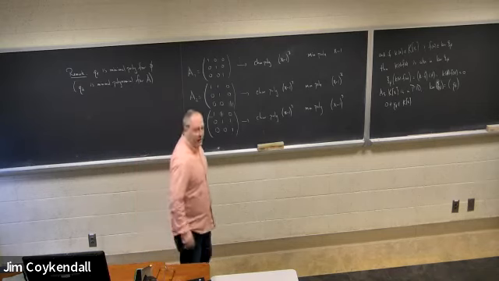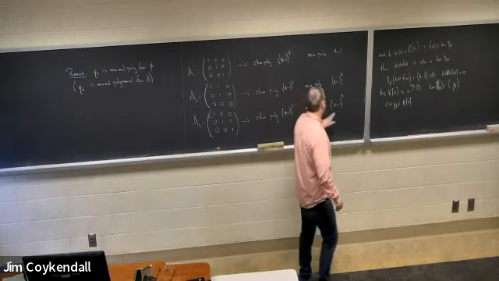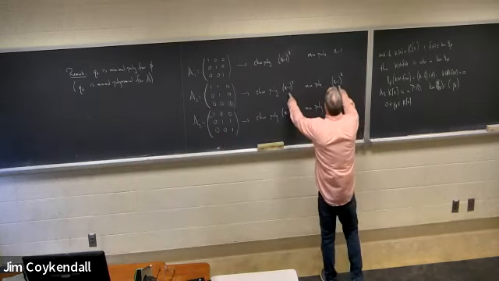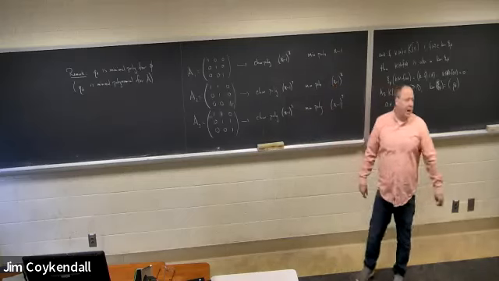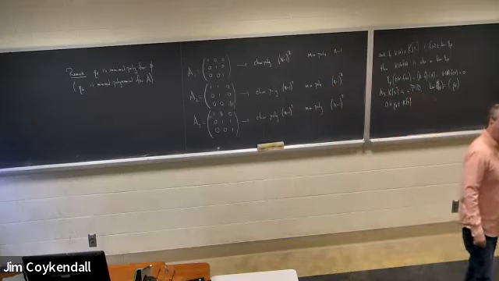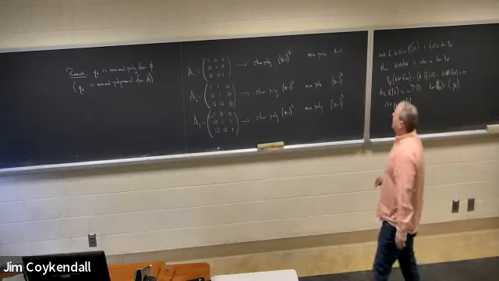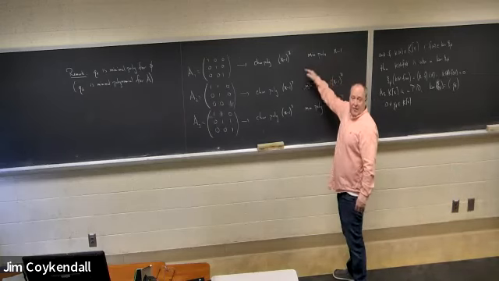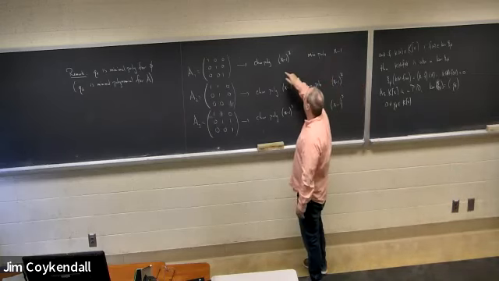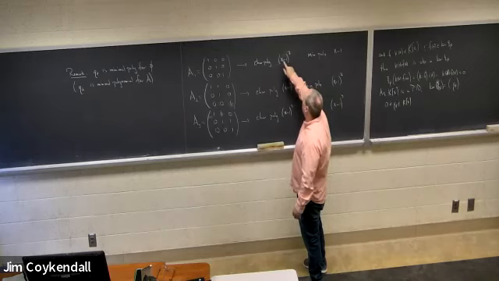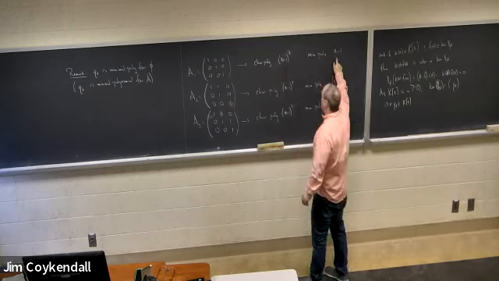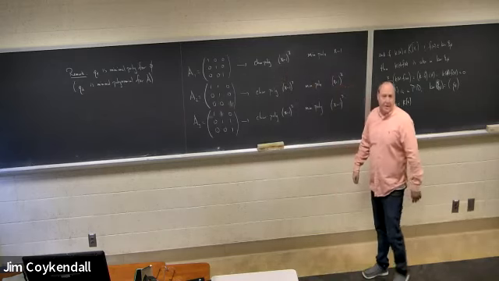So notice in this case the characteristic polynomial and the minimal polynomial are the same, but here the minimal polynomial is smaller, which is a possibility. Notice that the minimal polynomial divides the characteristic polynomial, and that's what that theorem says, because every polynomial that annihilates the matrix should be divisible by the minimal polynomial.